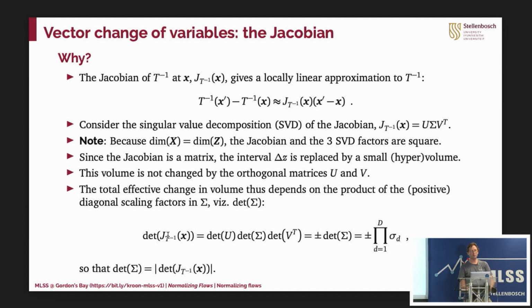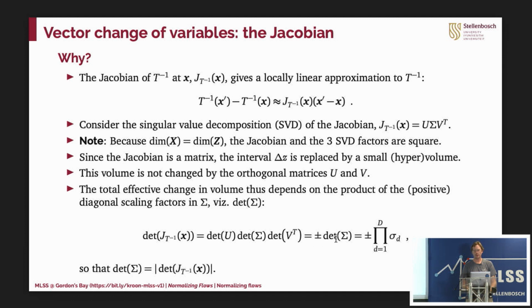Because the determinant of a product of matrices is the product of the determinants of the components. And U and V's determinants, it turns out, because they are just rotations and reflections, are orthogonal matrices, which by definition have determinants of 1 or minus 1. Okay, so in other words, the determinant of this Jacobian is plus or minus the determinant of that singular value matrix.